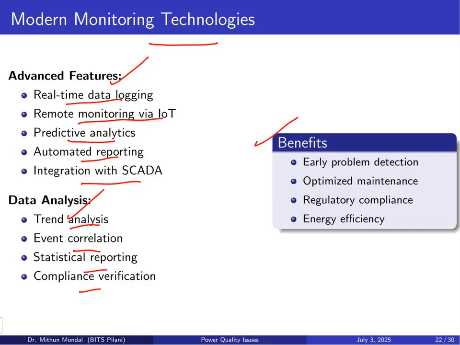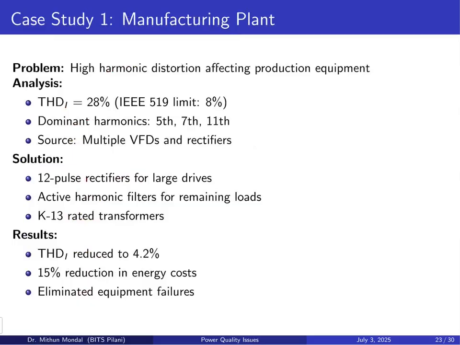Some of the benefits are early problem detection, optimized maintenance, regulatory compliance, and energy efficiency. So certain benefits are always there when we monitor using modern techniques and do data analysis. We will take 3 case studies to understand why these power quality issues matter, and if we take proper steps, what the benefits are.